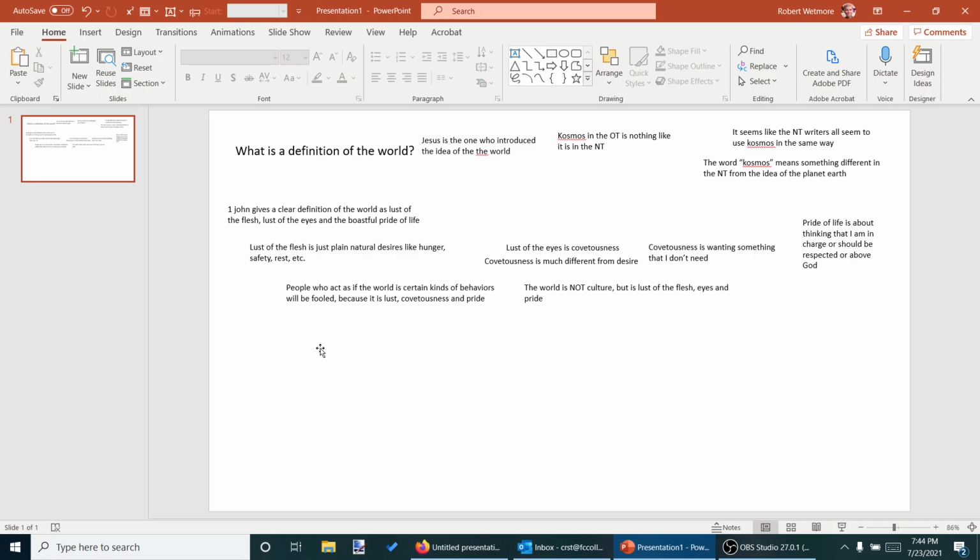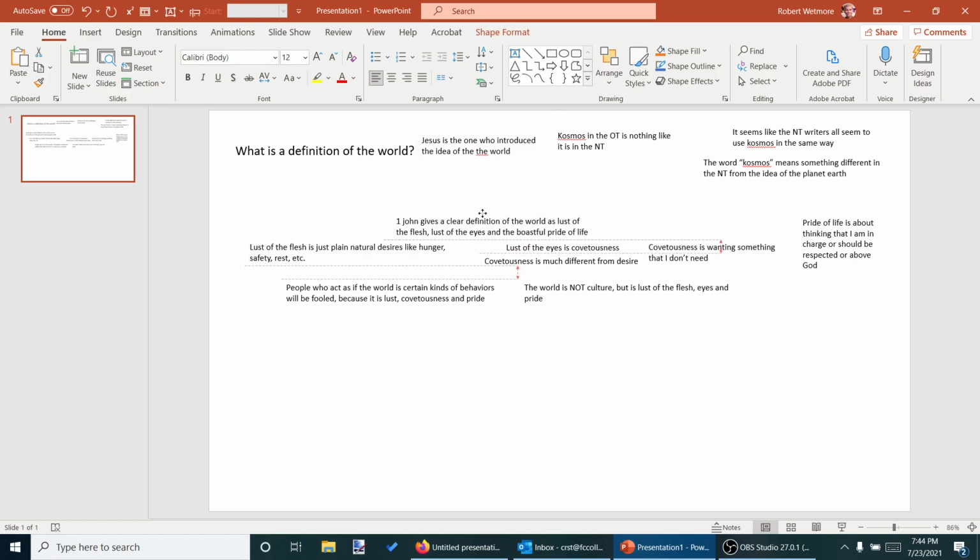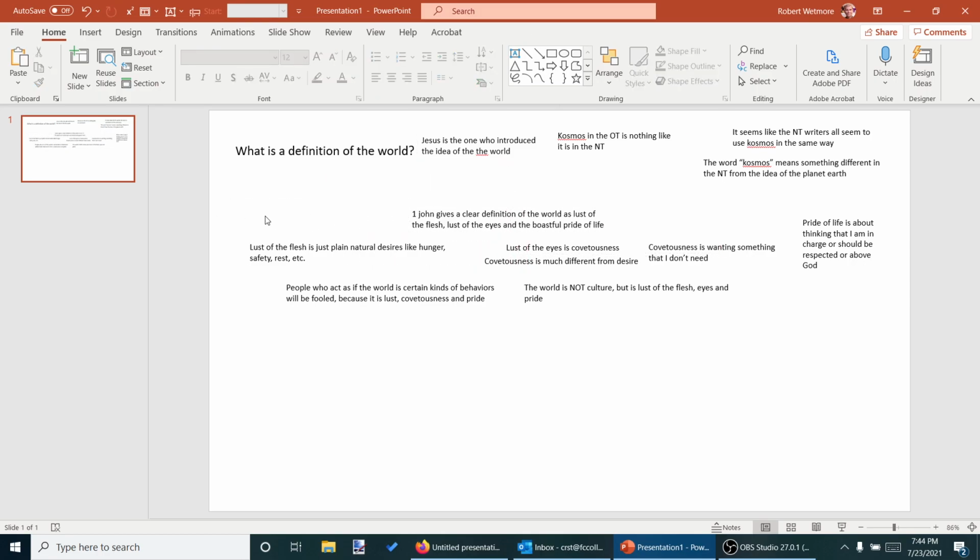Because it doesn't fit this. This is going to be my first chapter, which is what is a definition of the world, okay? And I'm going to go here. See what I'm doing is I'm making my outline. First John's definition of cosmos.